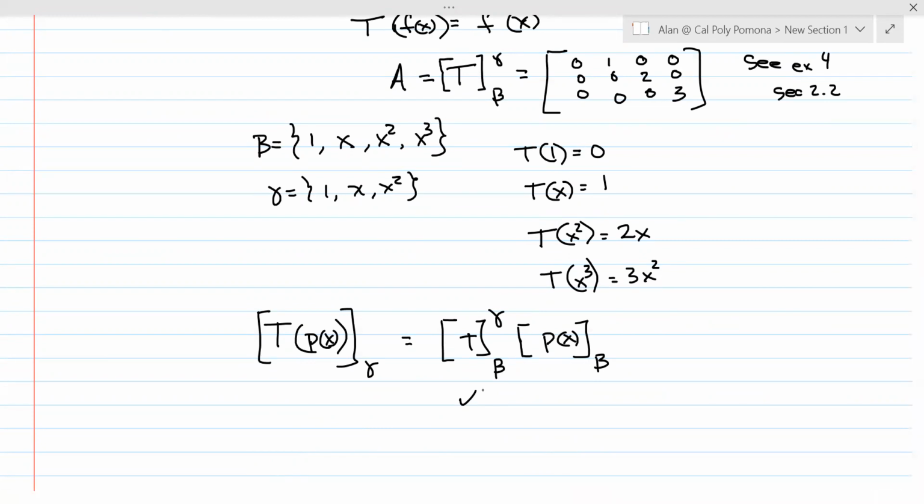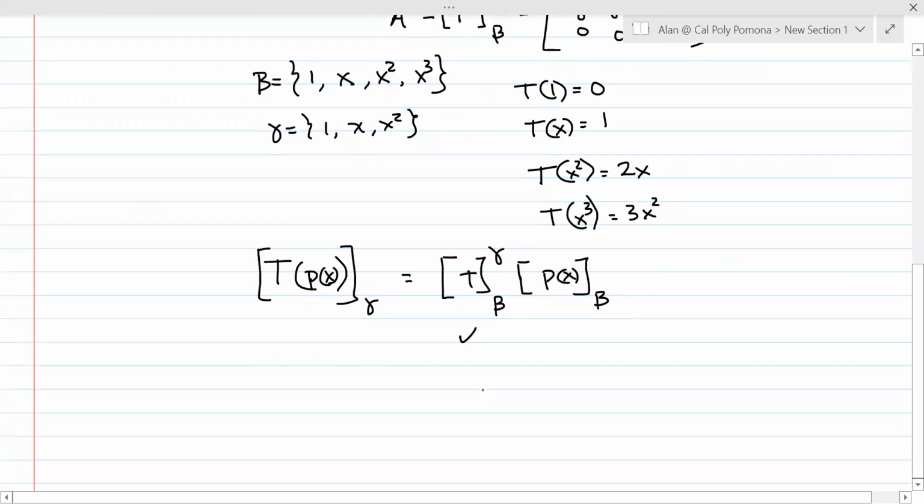They're checking Theorem 2.14 when the polynomial that you start with is 2 minus 4x plus x squared plus 3x cubed, rather.